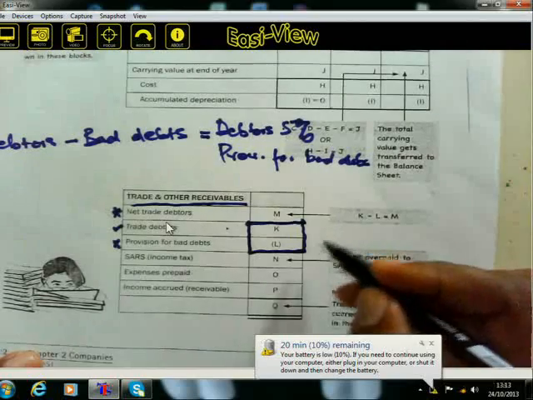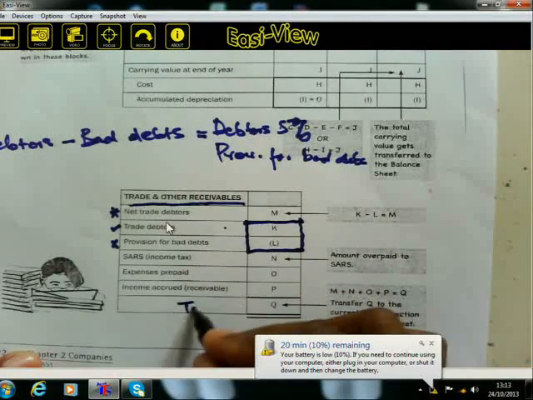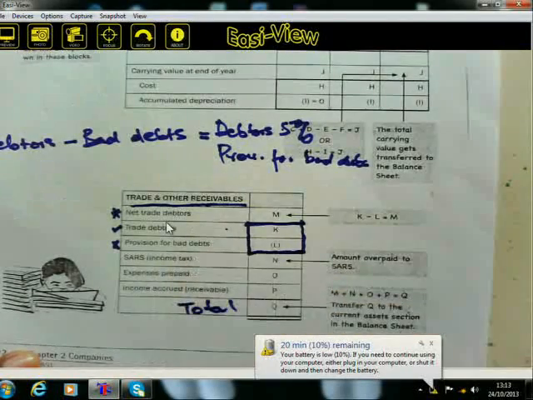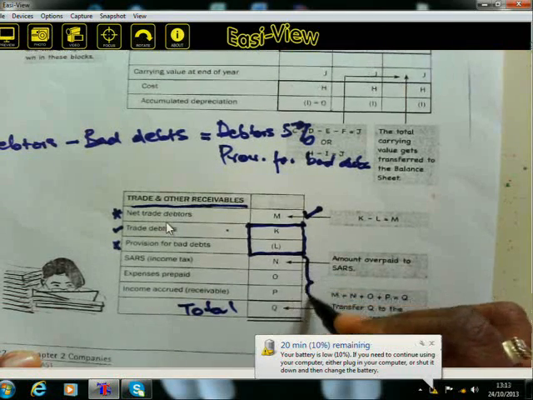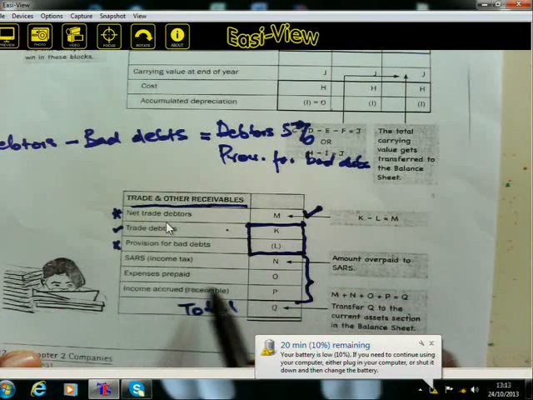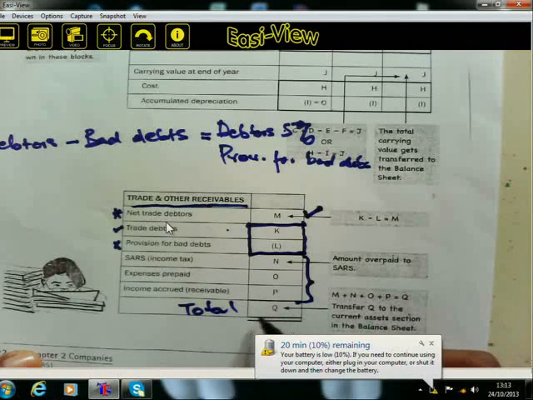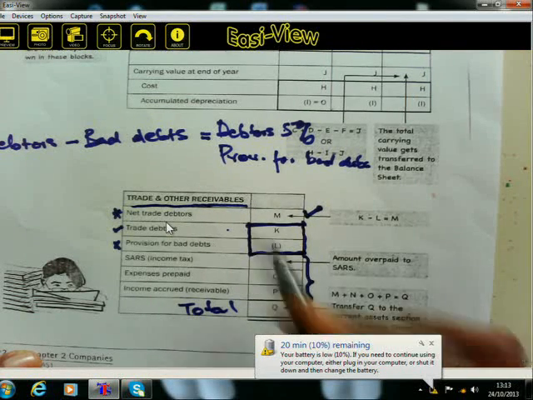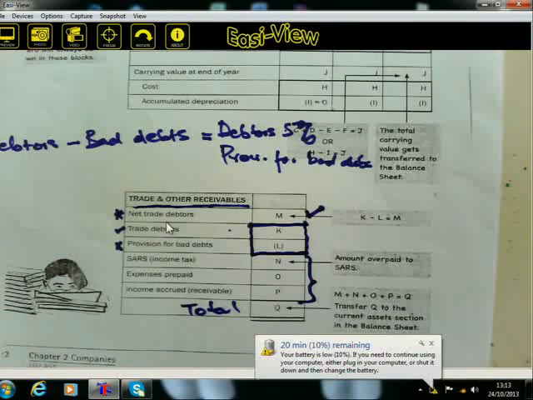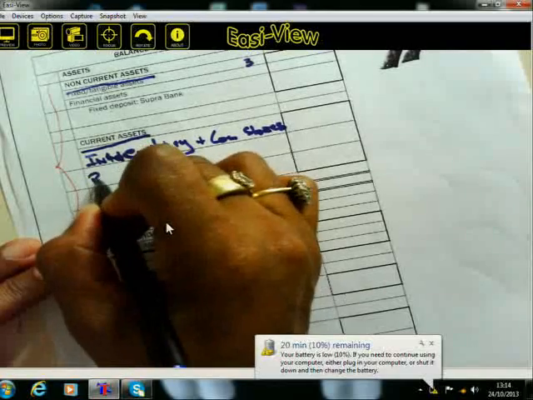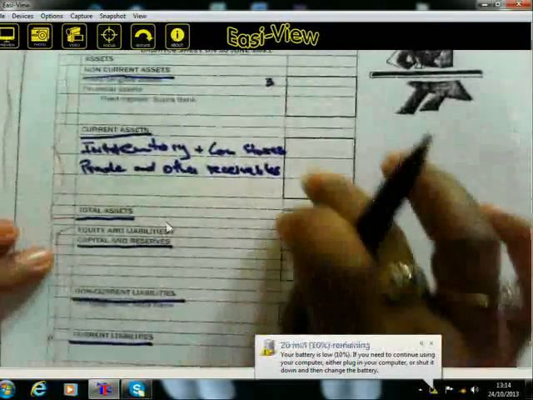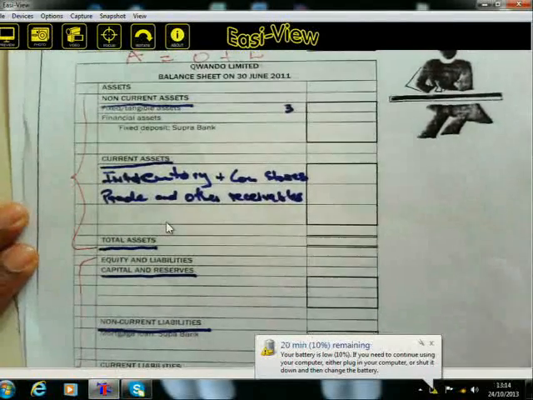So for you to get the total amount of trade and other receivables, you take the net trade debtors, then you add SARS income tax, expenses prepaid, income accrued, then the total will be the total amount of trade and other receivables that should be indicated. This total, you take it to our balance sheet, whereby our balance sheet will say trade and other receivables. Then we show it there. Then I'm done with the trade and other receivables.